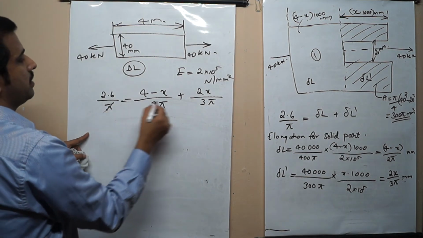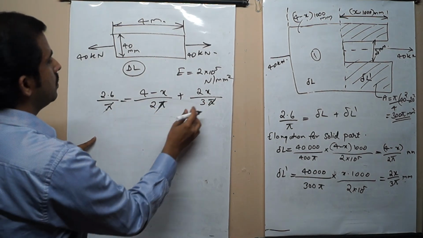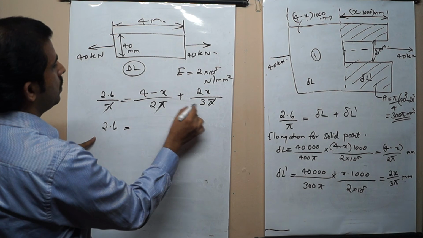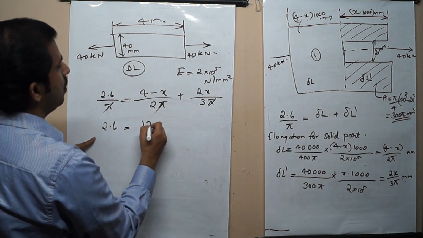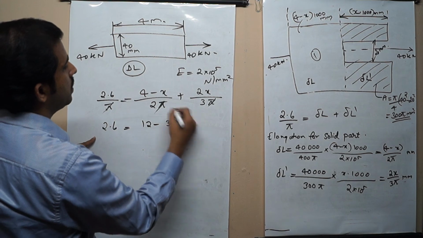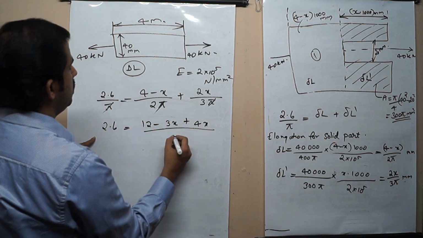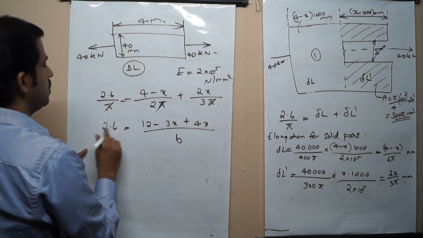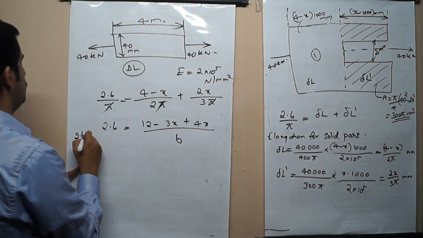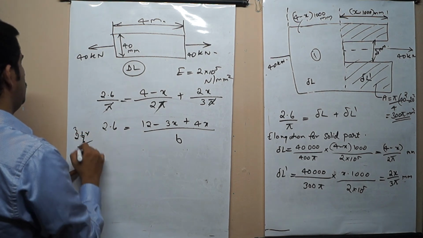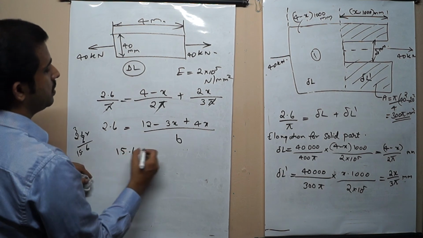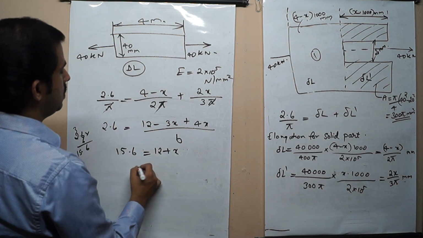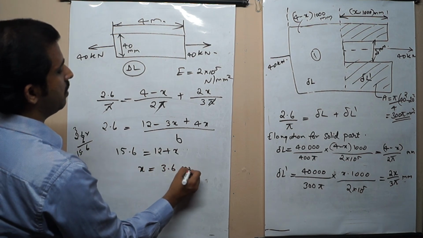All this pi will get cancelled. 2.6 is equal to, taking the LCM, 4 into 3, 12 minus 3x plus 4x divided by 6. This is 2.6 into 6, 15.6, that is 15.6 is equal to 12 plus x, so x is equal to 3.6 mm.